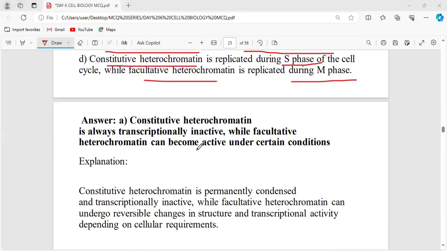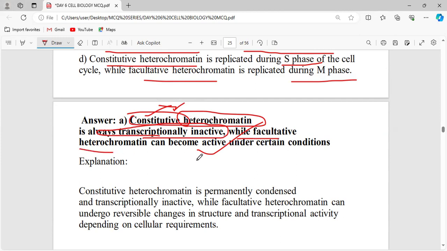Very good. Constitutive heterochromatin is always transcriptionally inactive. Constitutive means continuous, always. And heterochromatin means condensed form. It is always in a condensed form, transcriptionally inactive. Facultative heterochromatin will be active under certain conditions.